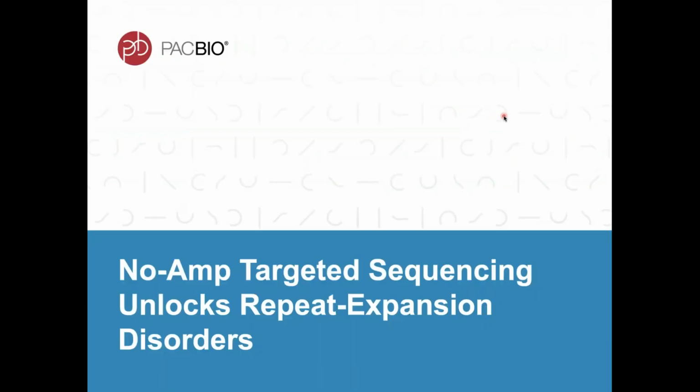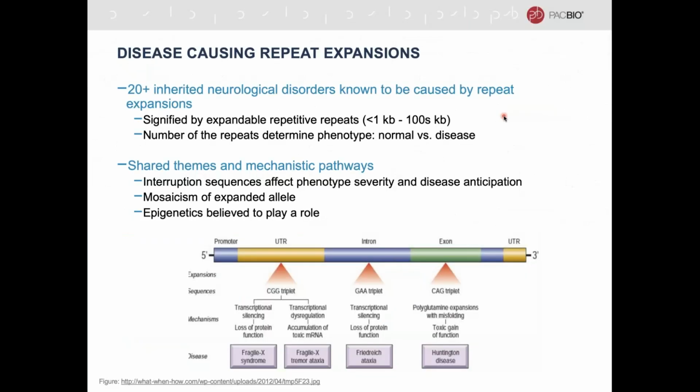All right. So one of the genomic regions that generally is quite difficult to amplify and sequence are repeat expansions. And for the same reasons, these are also prone to cause disease. And these disorders are called repeat expansion disorders.